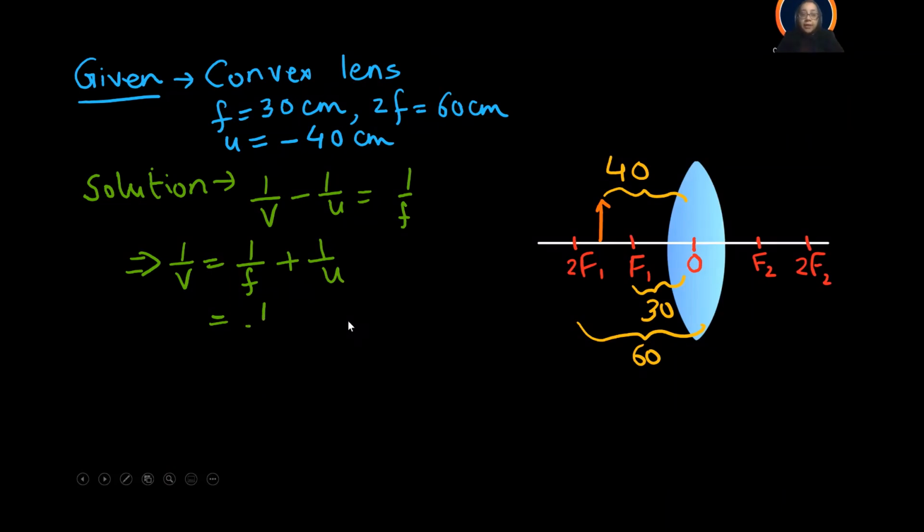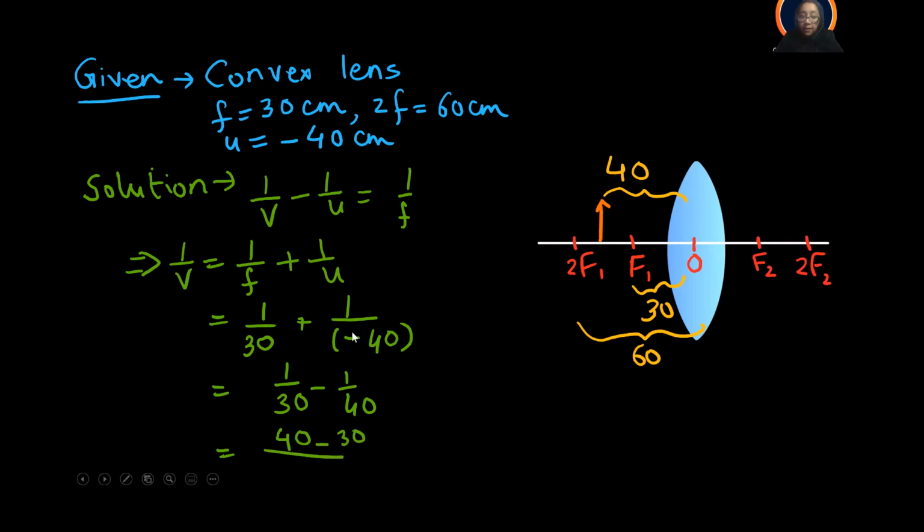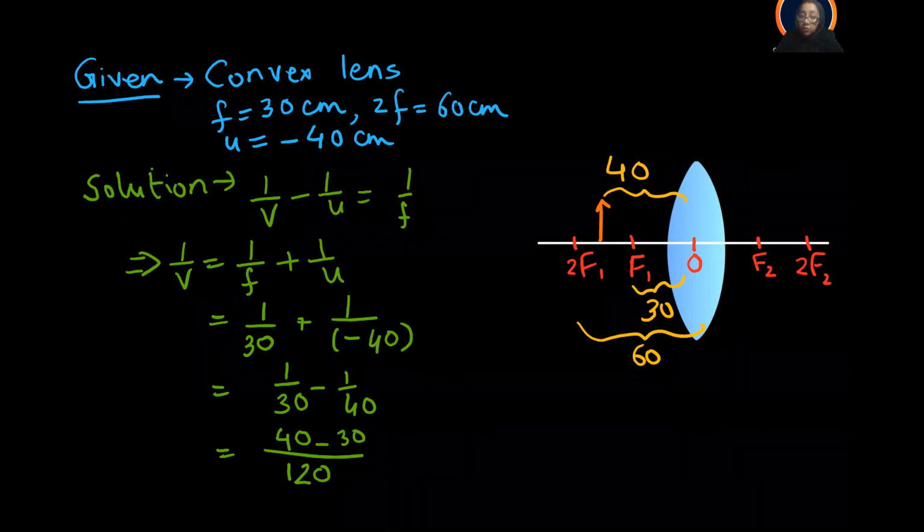And then we can just substitute the values. So F is 30. For convex lens, the focal length is positive. So we can write 1 by 30 plus 1 by U, which is minus 40. And hence we can write down, just do the LCM, and you can get the value of numerator as 40 minus 30 and denominator will be 40 times 30, which is 1200.